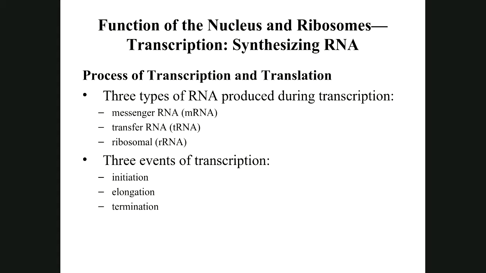Transfer RNA is smaller than all the other types of RNA, and it is going to ferry the amino acids to the ribosomes, where they decode the messenger RNA message for the amino acid sequence in the polypeptide or protein to be built. Ribosomal RNA, along with proteins, forms the ribosomes, which consist of two subunits, one large and one small, that serve as the sites of protein synthesis.